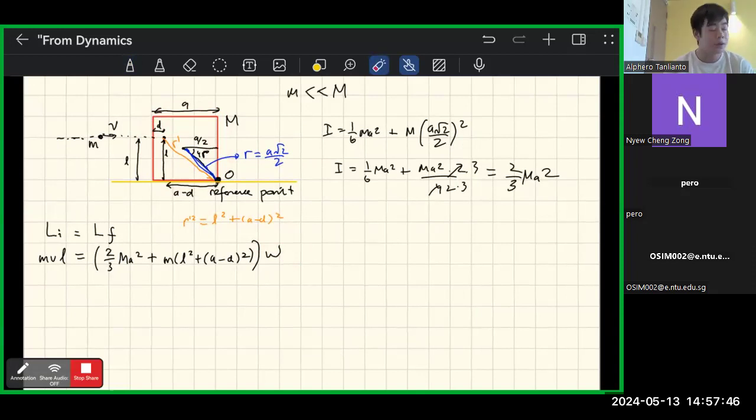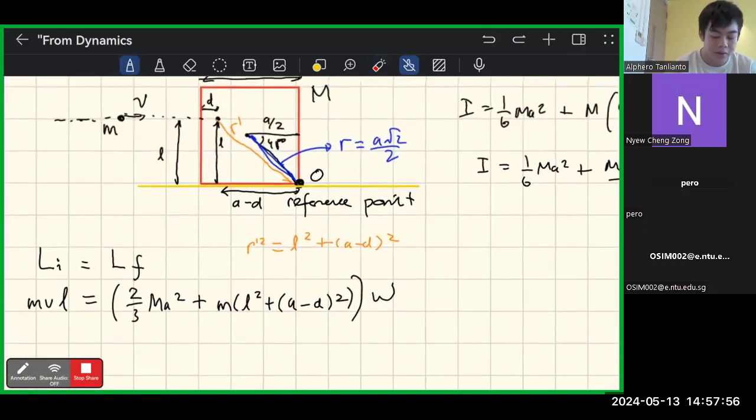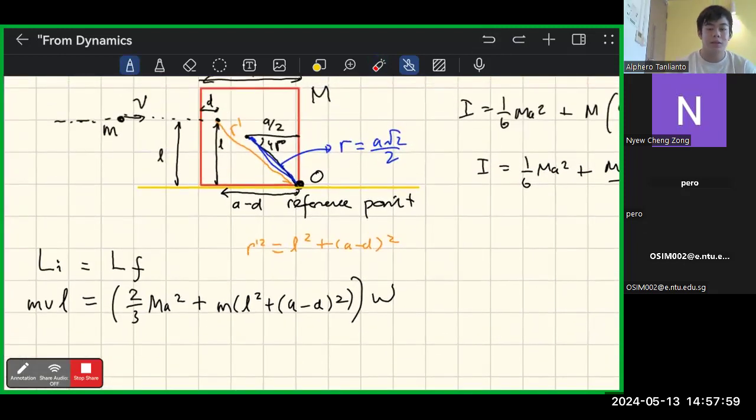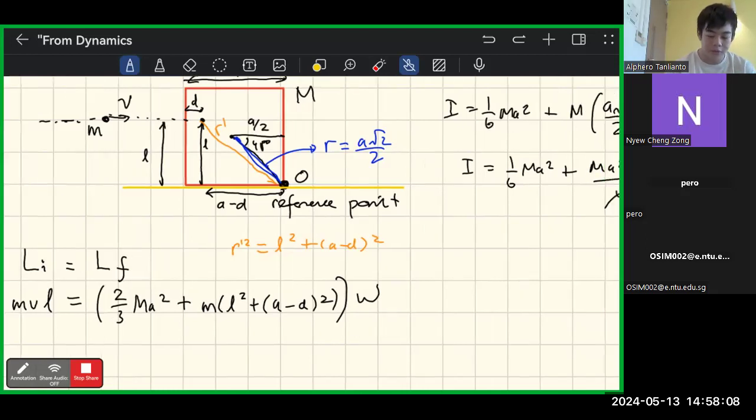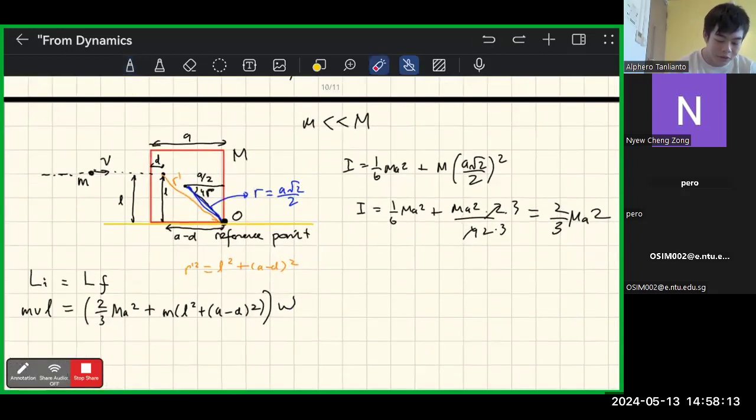The problem mentioned this. Why do they mention this? Because if they did not mention that, we'd have to deal with this, and they didn't even give us the depth of the penetration of the bullet, which is why they have this. Because the m is very, very small, it contributes very little to the moment of inertia after the collision.